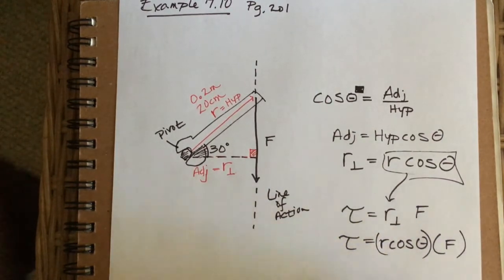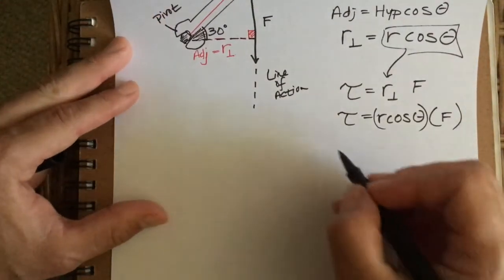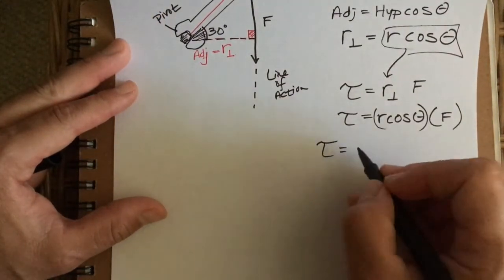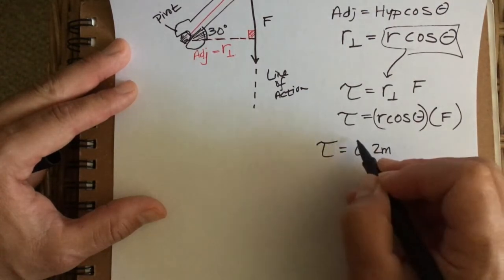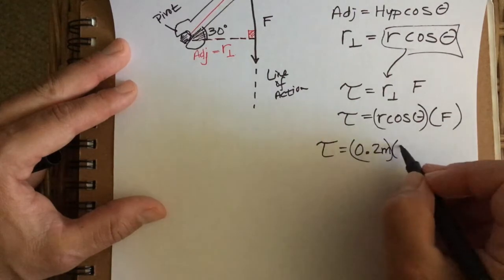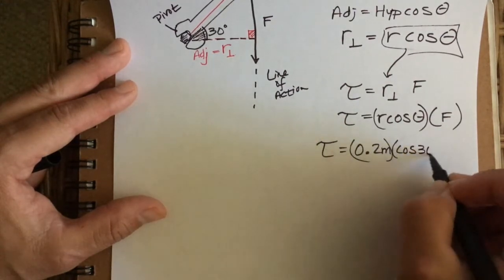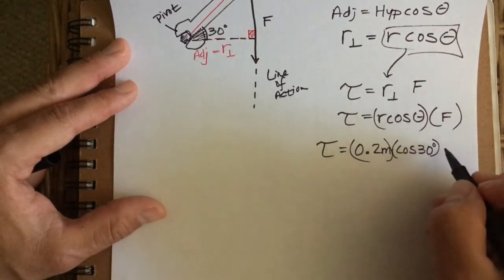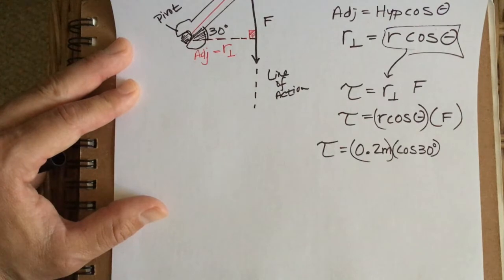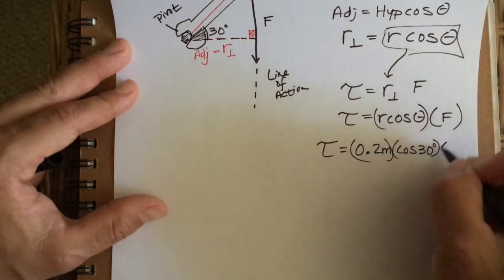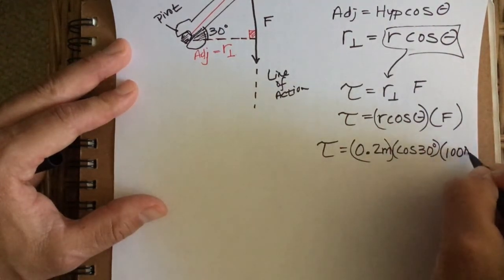Okay, and then we can go ahead and plug in our variables for that. So we have torque equals 0.2 meters times the cosine of 30 times F, which I think they tell us for this problem is 100 newtons.